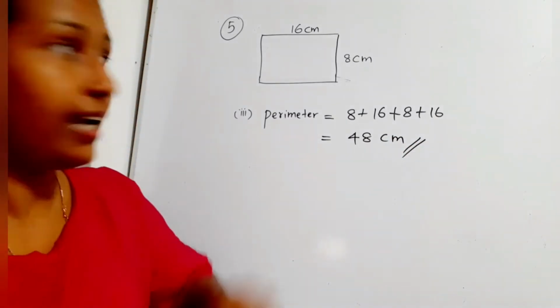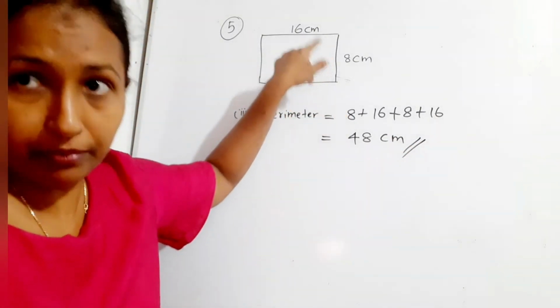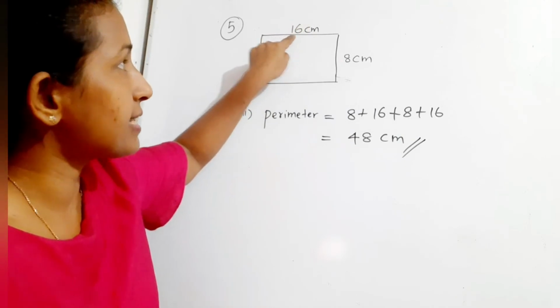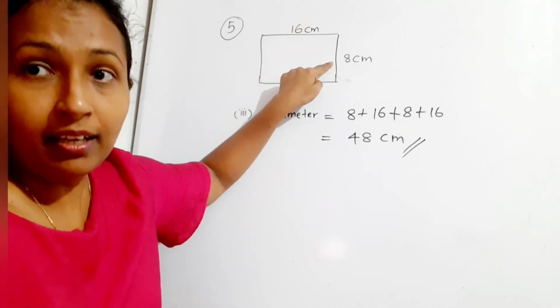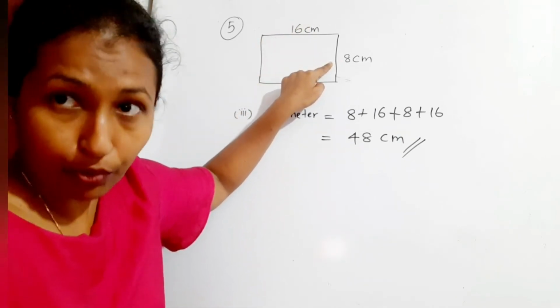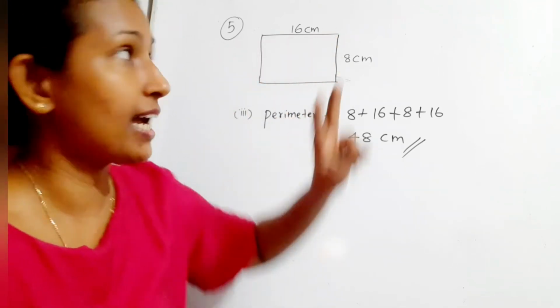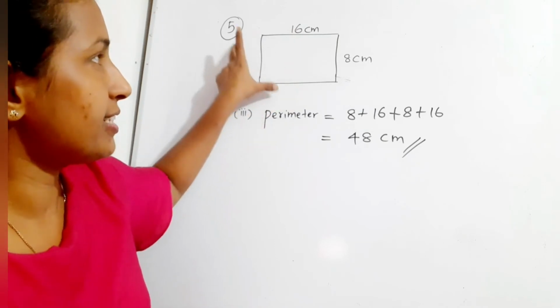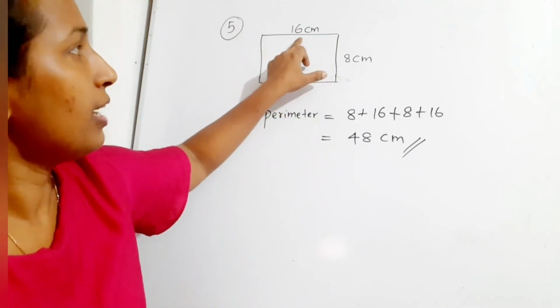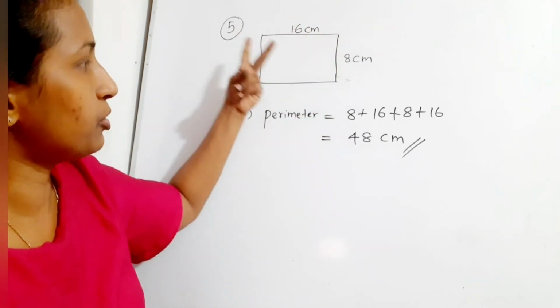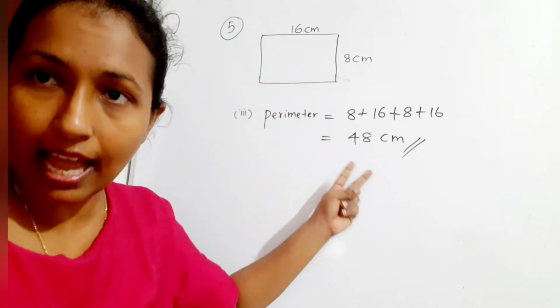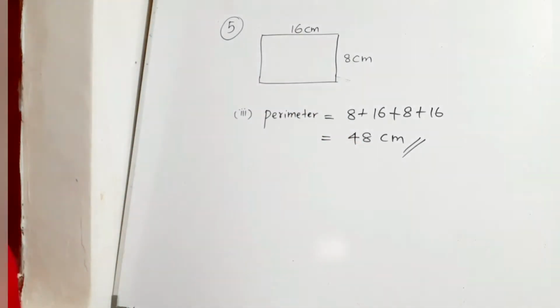Or you can add, this is another method, you can add 16 plus 8. It is 24. Then you can multiply it by 2 because there are two such sides. So you can add these two and multiply that answer by 2. Then again you will have the answer as 48.